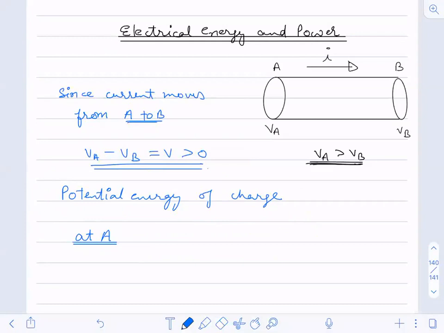Just see. Will you write it as Q into potential of A? Yes, Q into VA. This is the potential energy of the charge at point A.